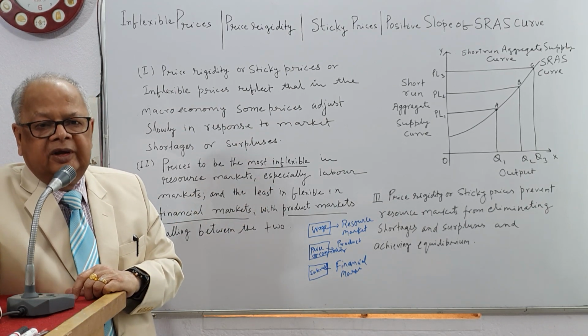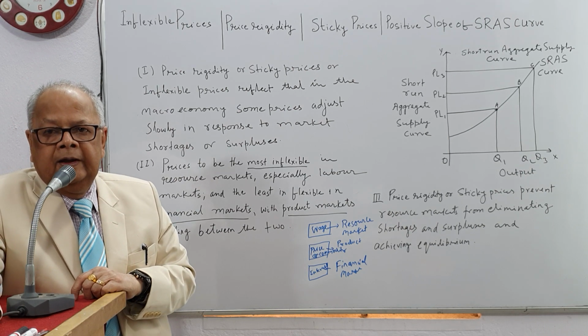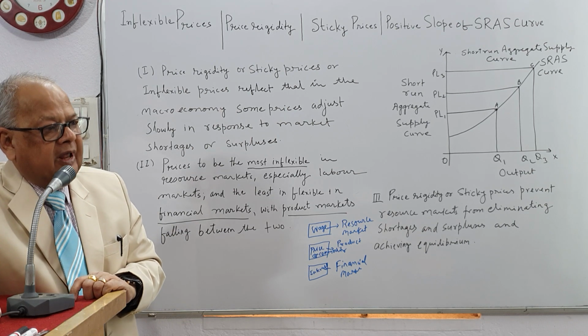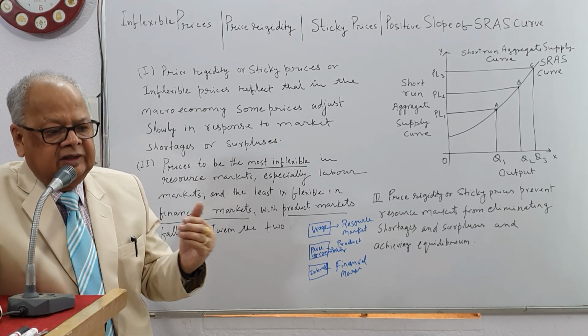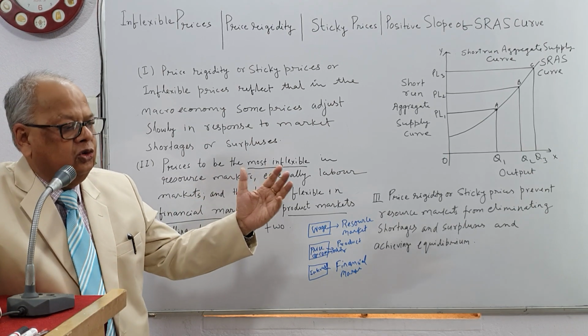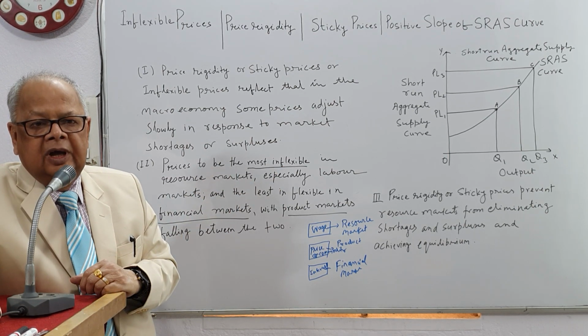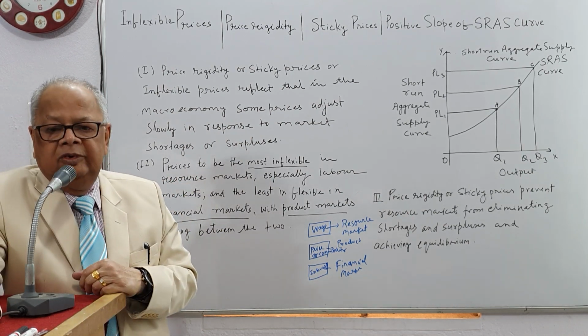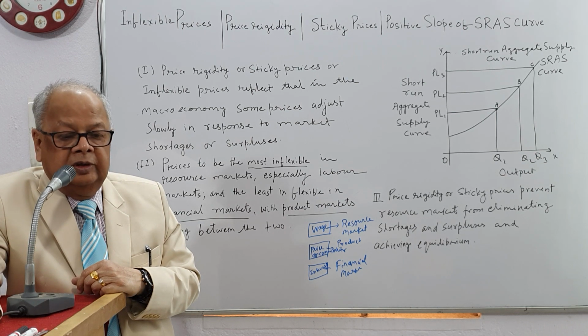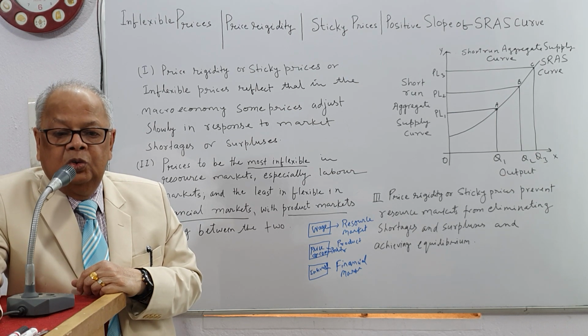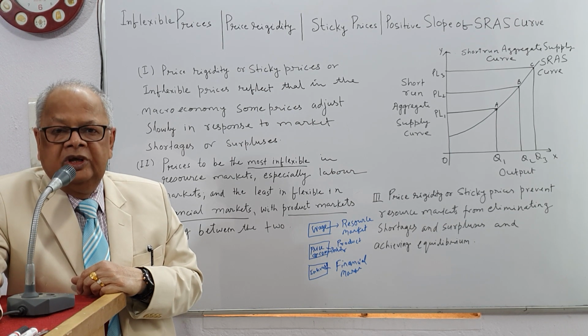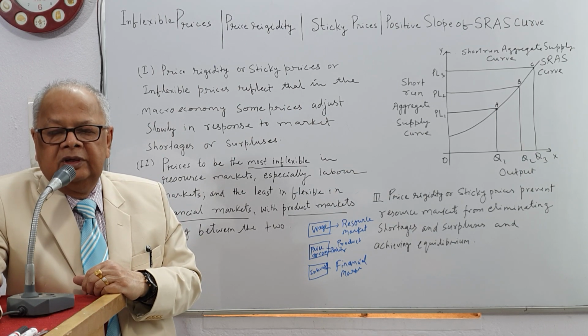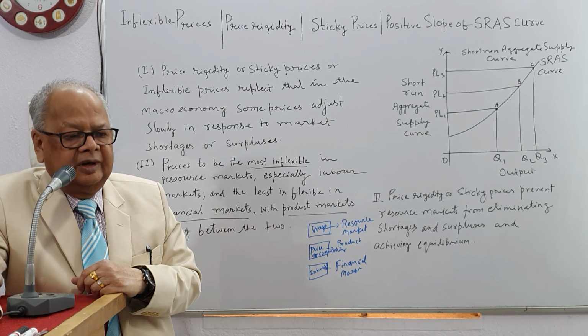The short-run aggregate supply curve is upward sloping. This positive slope shows that the higher the price, the higher the output; the lower the price, the lower the output. But there will be wage rigidity, and therefore wage cannot be increased or decreased along with the fall in the price level in the market.